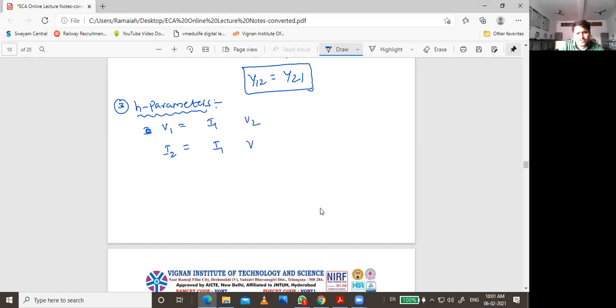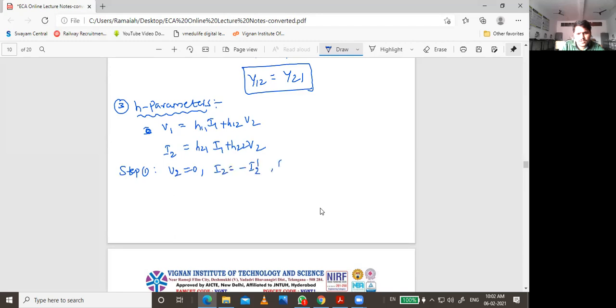V1 equals H11 I1 plus H12 V2, I2 equals H21 I1 plus H22 V2. Start step 1: V2 equal to 0 and I2 equal to minus I2 dash.